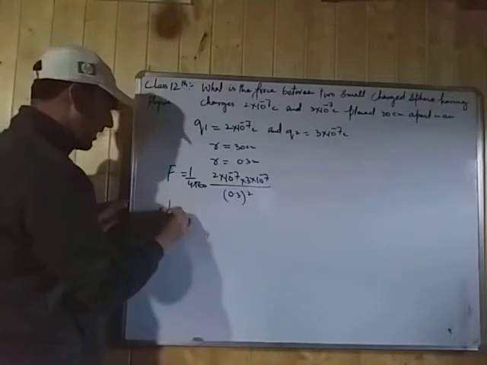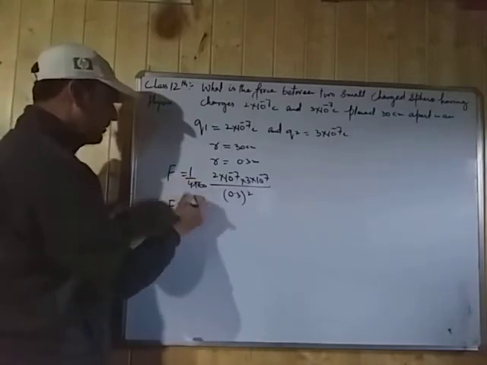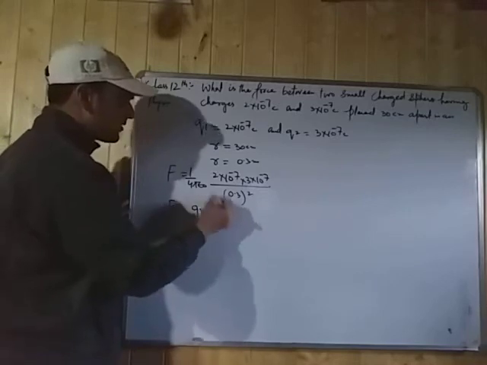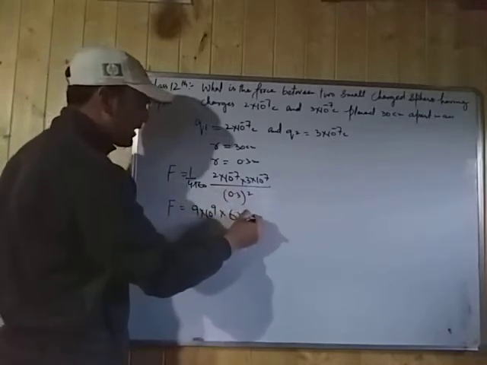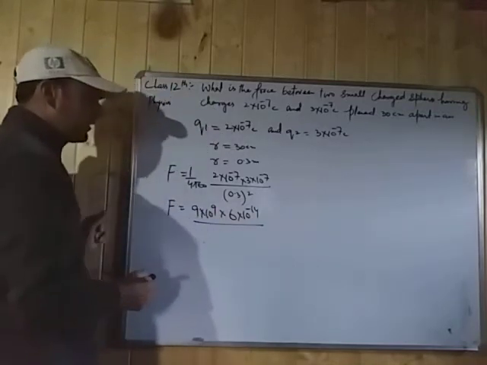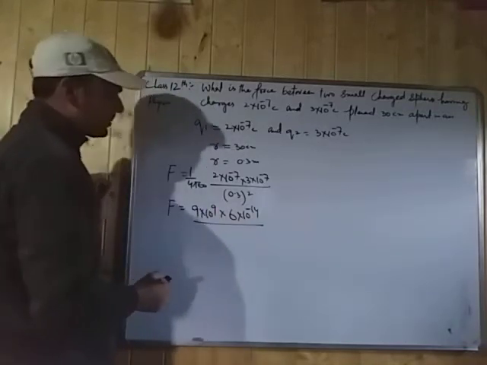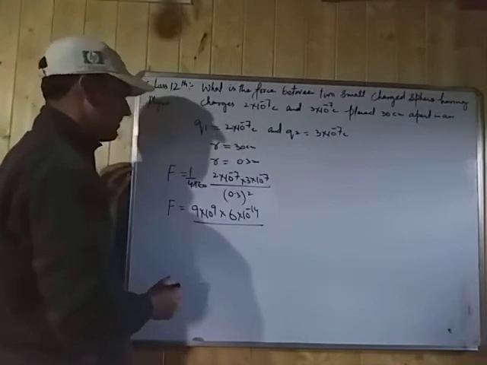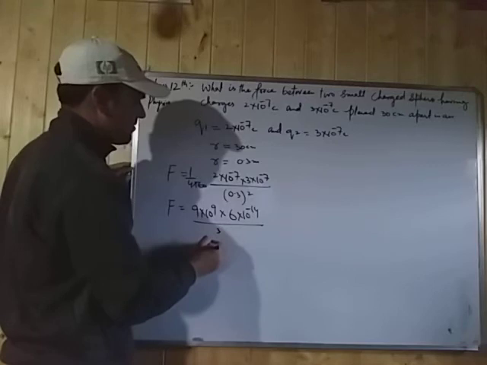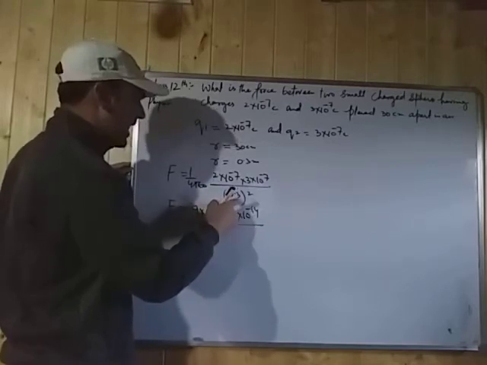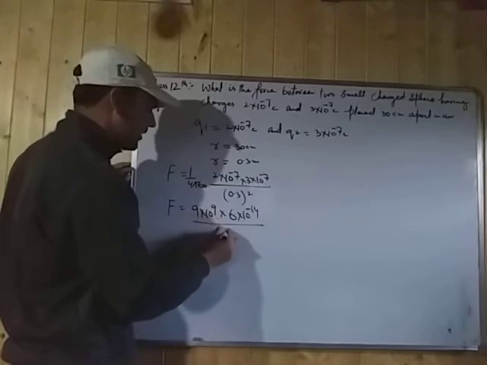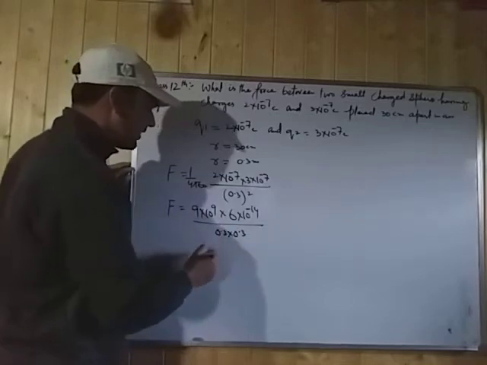Or we can write F is equal to 9 into 10 raised to power 9 into 6 into 10 raised to power minus 14 divided by 0.3 into 0.3.